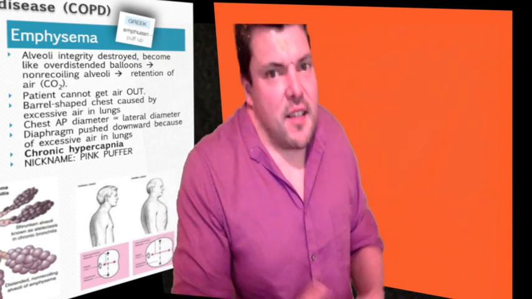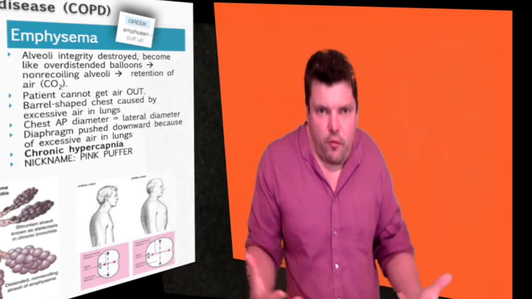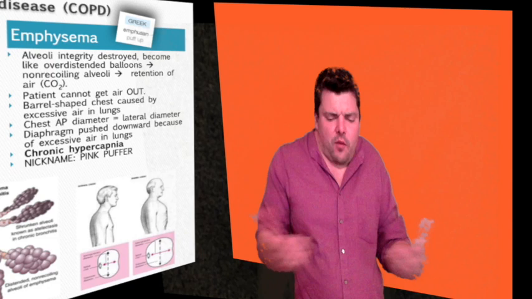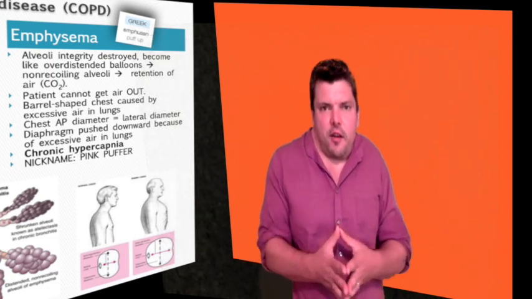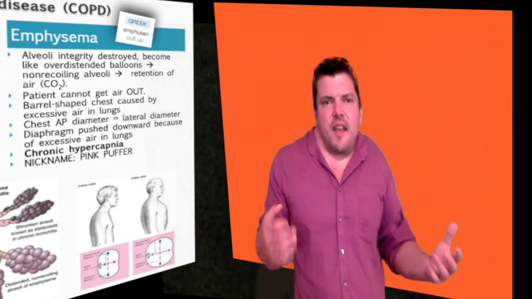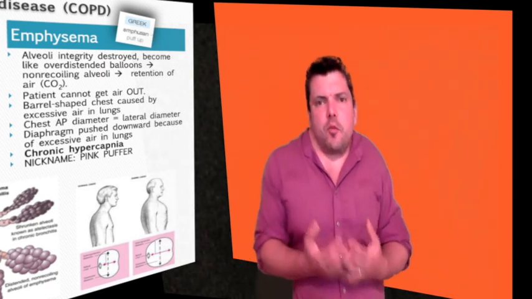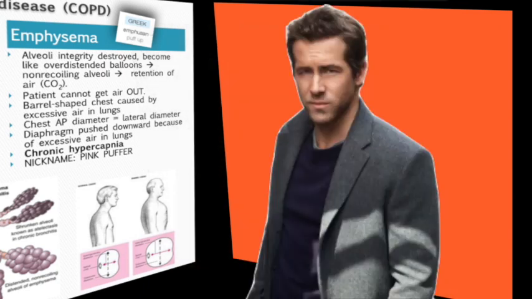Alveoli get basically over-distended, overstretched. Think of it as a rubber band just stretched too far. It doesn't have that elastic quality to it anymore. Without that elasticity, the alveoli really aren't able to push carbon dioxide out anymore.